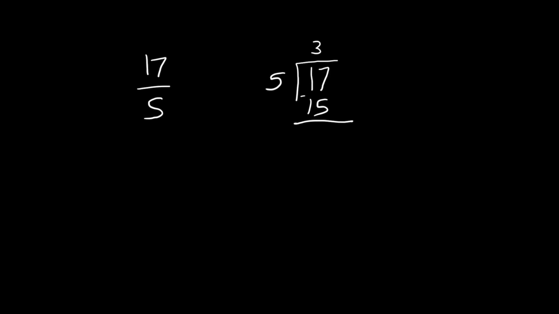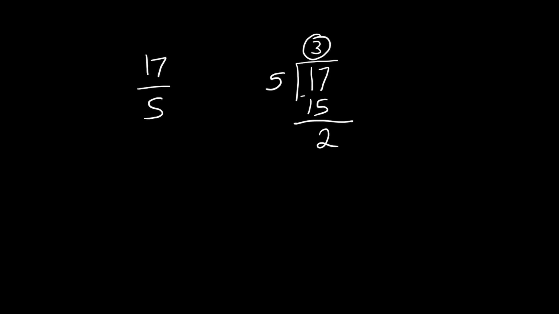How do we convert an improper fraction to a mixed number? So let's take the example 17 over 5. You simply have to divide the numerator with the denominator. Let me show you how. So 17 divided by 5. 5 into 3 is 15, which when you minus 17 by 15, you will get a remainder of 2.